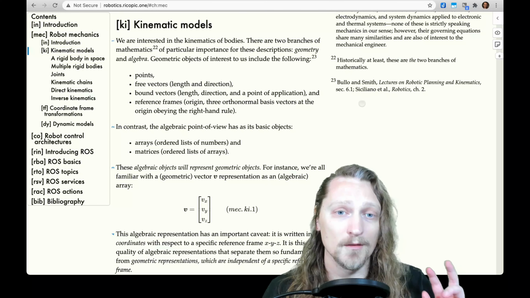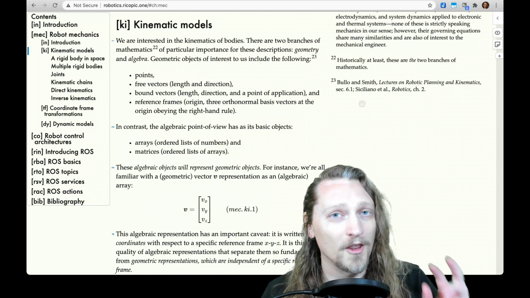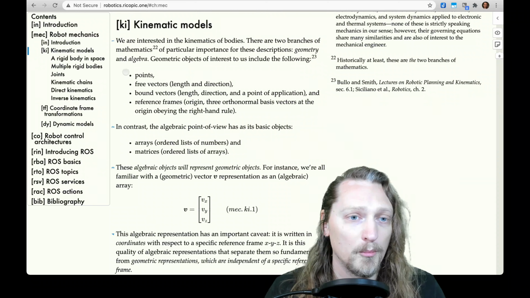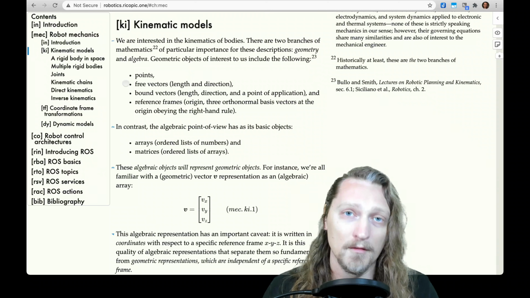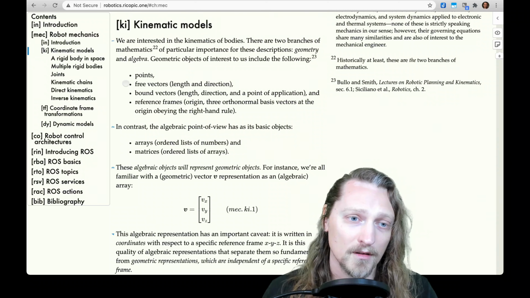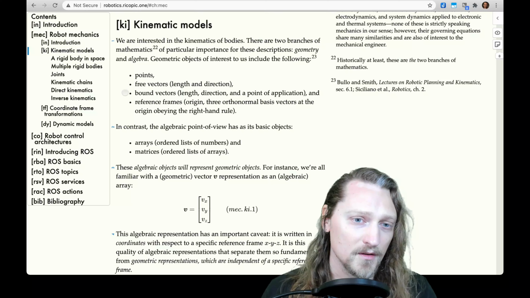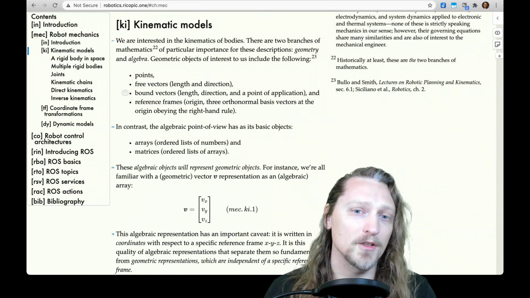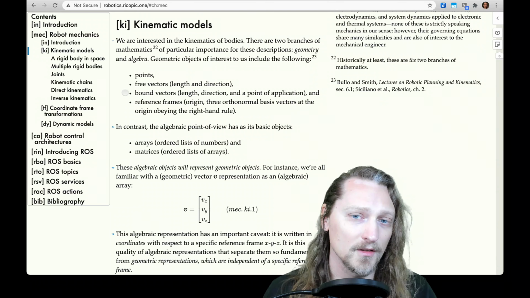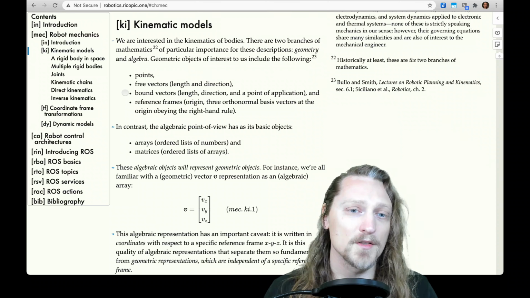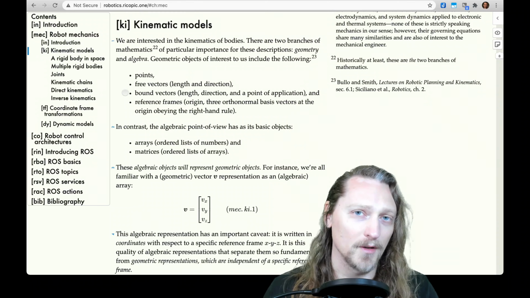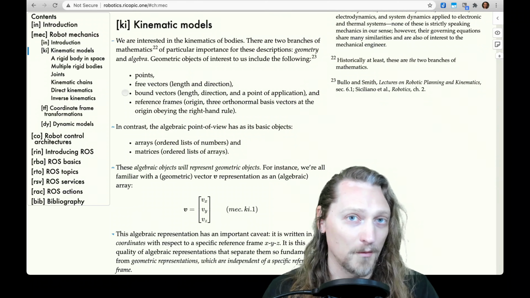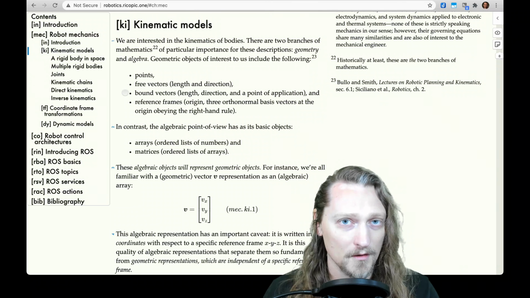Geometric objects of interest to us include the following: points, free vectors that have length and direction, bound vectors that have length, direction, and a point of application, and reference frames, origin, three orthonormal basis vectors at the origin obeying the right-hand rule. Okay, that's what a reference frame is comprised of.